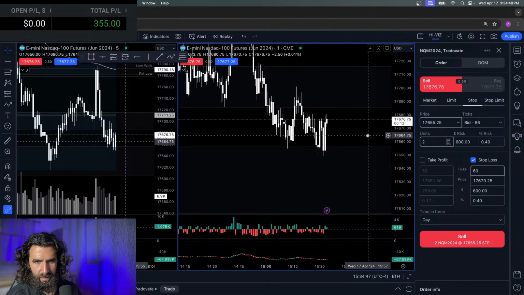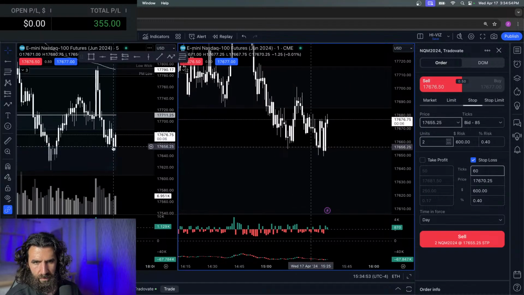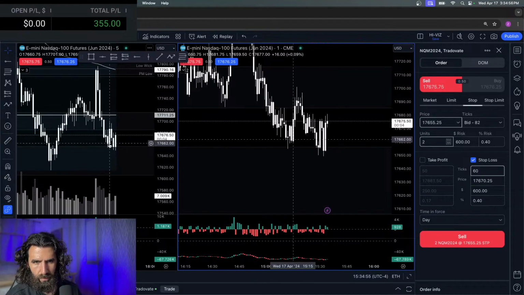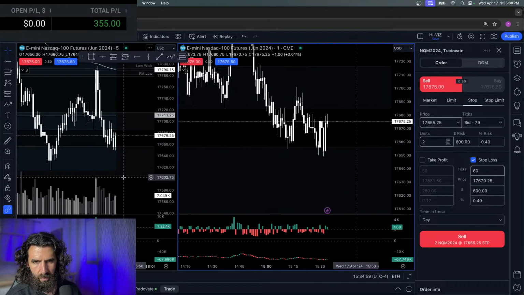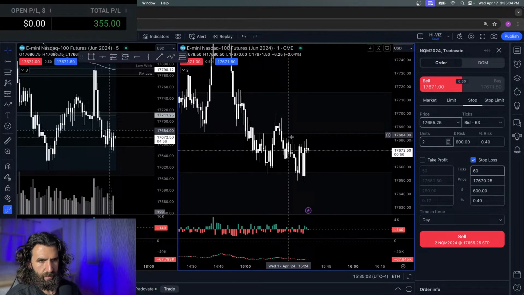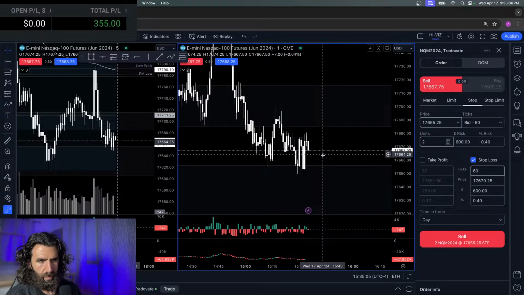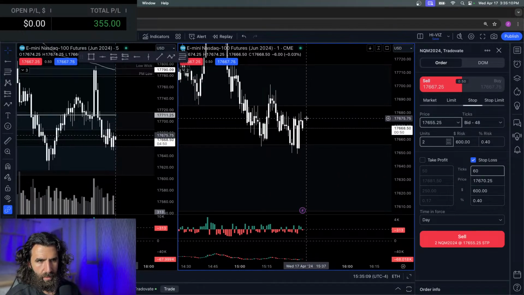Not really. This is obviously some support here. It's taking too much time, just not breaking this level and headed back down towards lows. But this structure is still a nice downtrend structure. It's not blasting above highs. Here we go with a potential another overlapping bar to the downside.